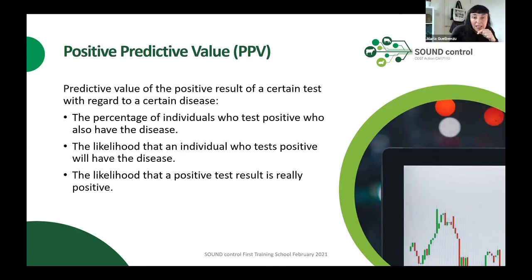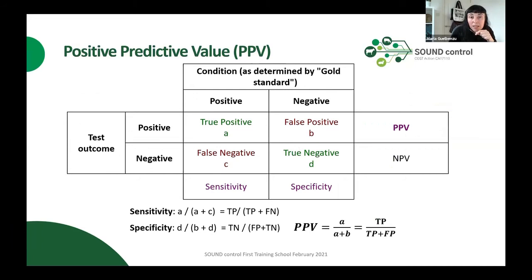And how do we calculate this? Well, we go back to our table where we're comparing our test outcome and the condition. We look at the number of sick animals with a positive test result, so our true positives, and we divide it by all the animals with a positive test result, so the false positives plus the true positives.